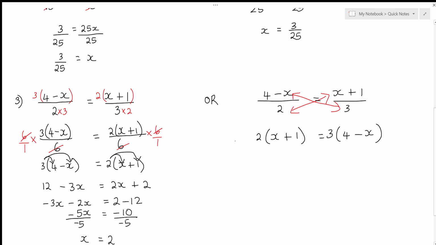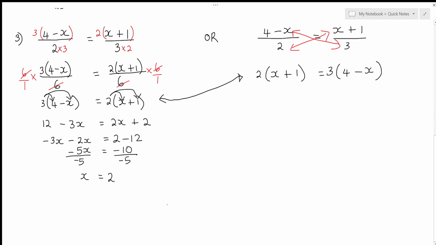And that brings me to that part there, and it's exactly the same. So you're going to solve and end up with the same answer that we have on the left hand side. Exactly identical.